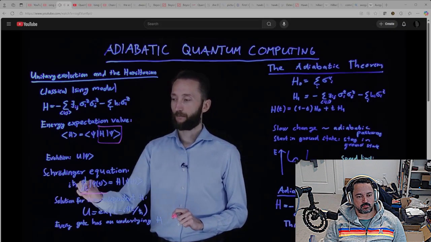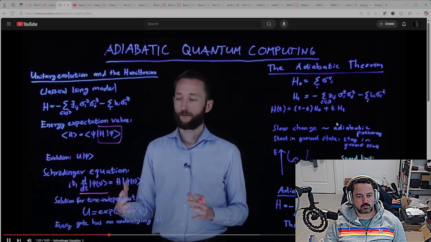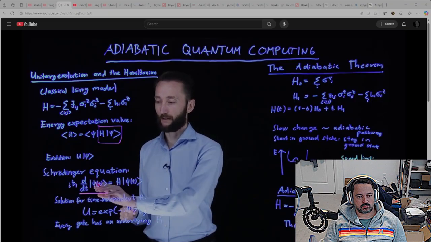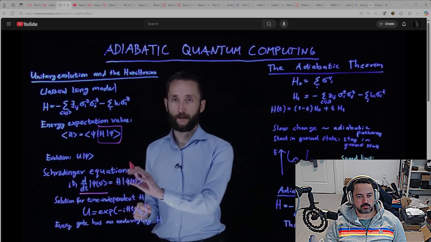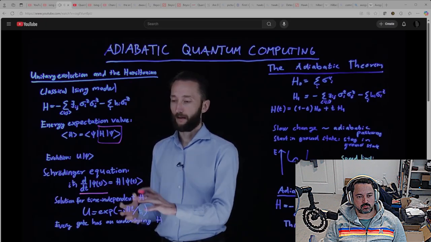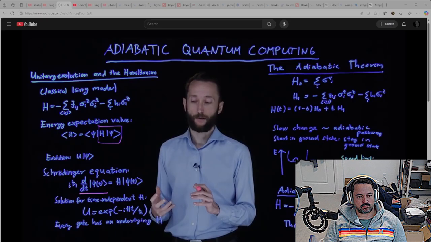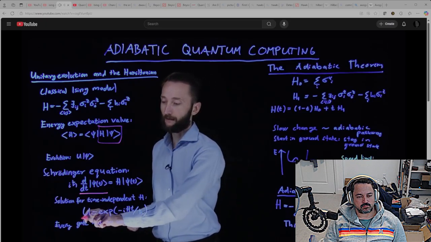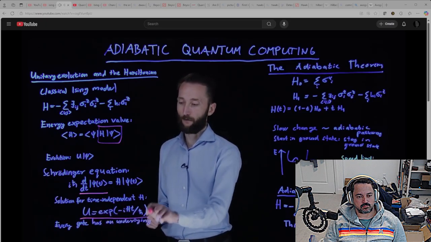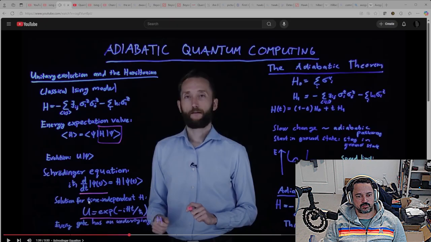Then you have the imaginary number here and the reduced Planck constant, but the main part is that the temporal evolution depends on the Hamiltonian. If you solve it, in the case where the Hamiltonian does not depend on time, then what you get is this formula. The solution for the time-independent H is this. So when you do a d by dt, you get that.